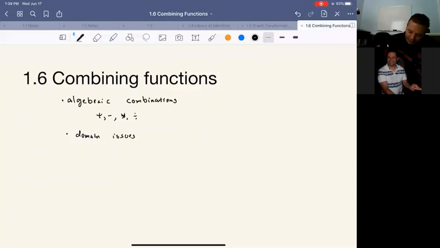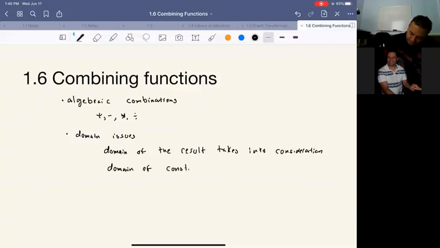Okay, so the domain of the result should take into consideration the domain of the constituents. It's actually the intersection of the domains.